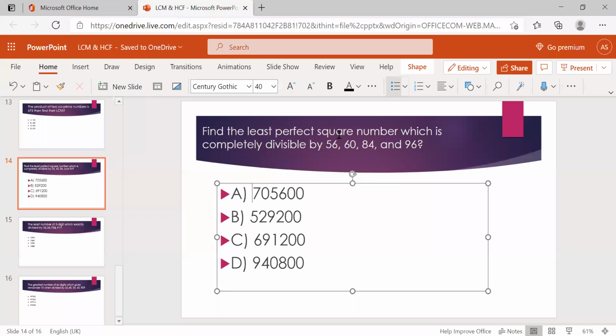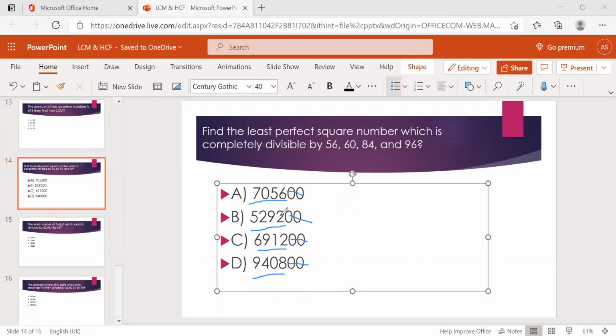Even in the answers, I can find two zeros at the end. Two zeros is nothing but 100, and the square root of 100 is 10, so you can remove it outside. The remaining number must be a perfect square, and it should be divisible by 56, 60, 84 and 96. Check the options here.